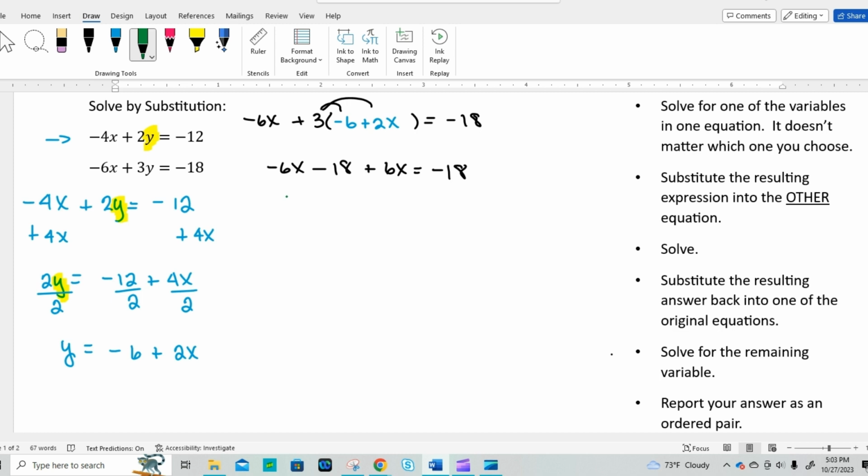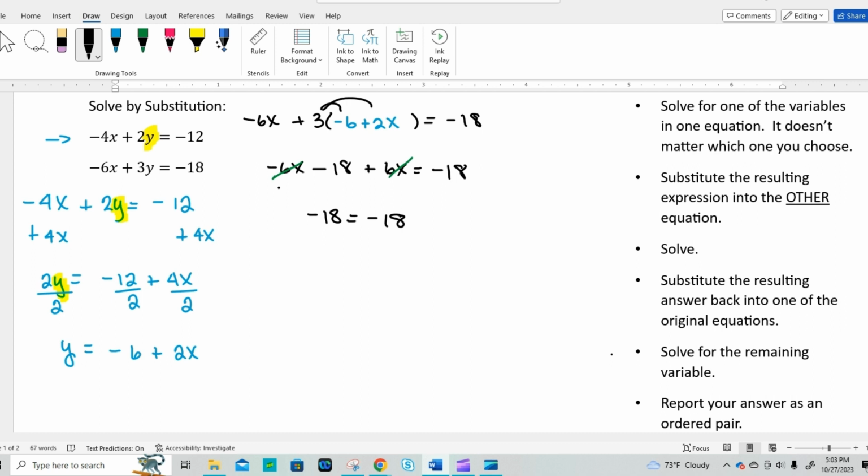So I would bring my x's together. That would be my next step, is to combine like terms, and I'm still going to do that even though this looks a little weird. So I've got a negative 6x and a positive 6x. The thing is, those two cancel out, and I'm just left with negative 18 is equal to negative 18.